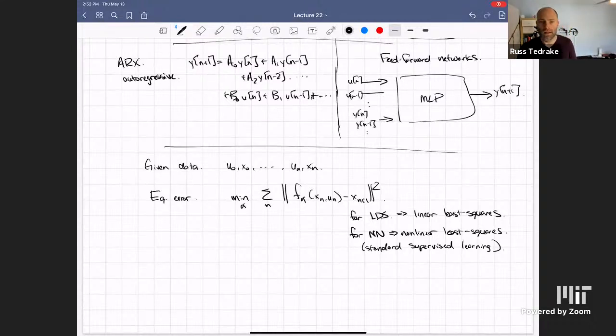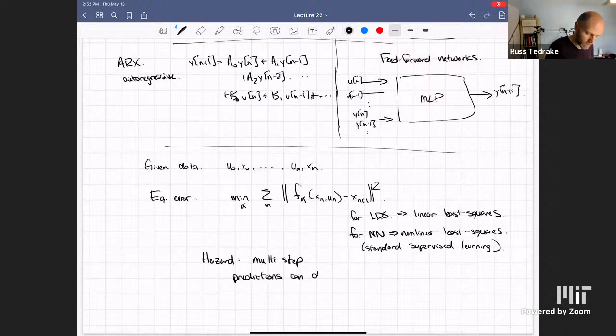This is a common hazard of just doing the one-step error. Multi-step predictions can diverge.